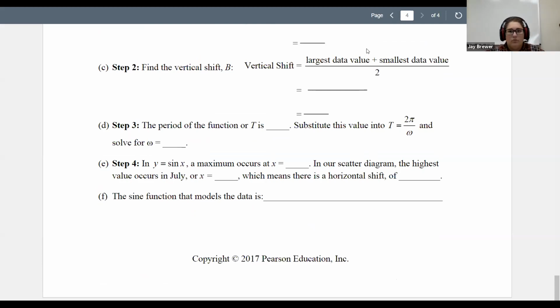Brown. Gross brown. Okay. Don't know why, but that's what I picked. All right. So the largest value again was 56, and then we had our smallest value, which was 24.2. Then you divide that summation by 2. So what do you get there?